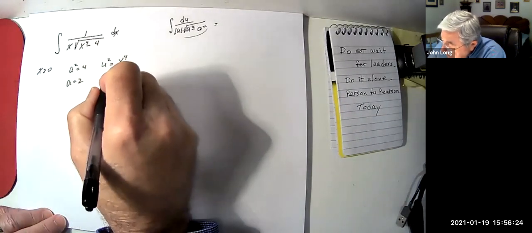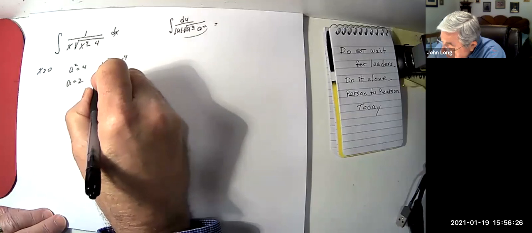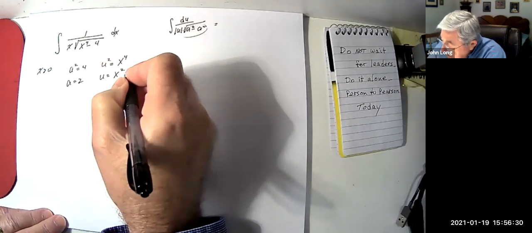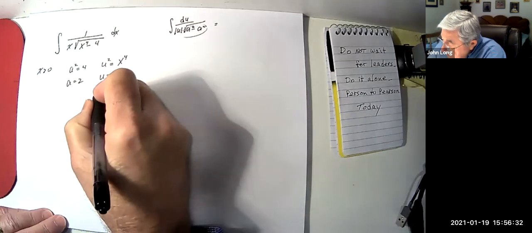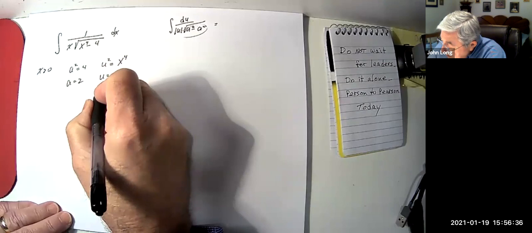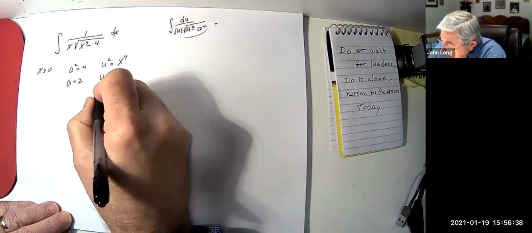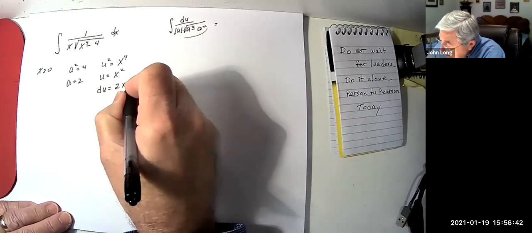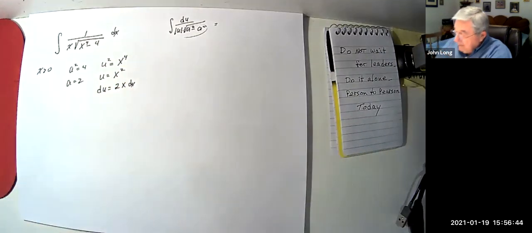That's doing everything for it. u squared is x to the 4th, which makes u x squared, which makes du 2x dx.